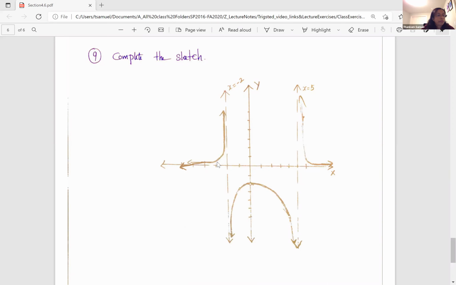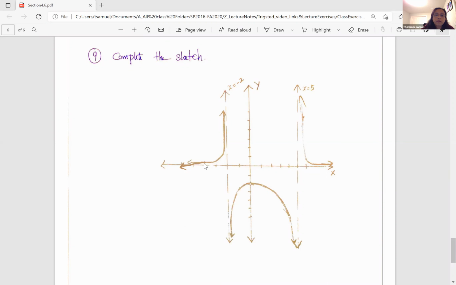And also we have some points. For example, corresponding to -4, we got the value 0.22, so it's somewhere between 0 and 1, close to this part.